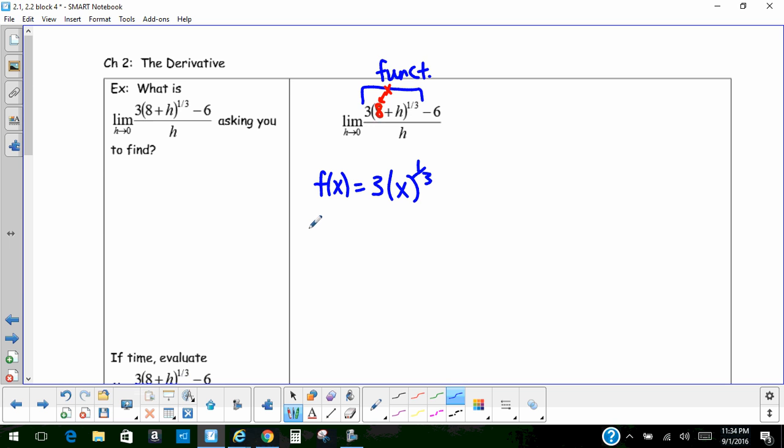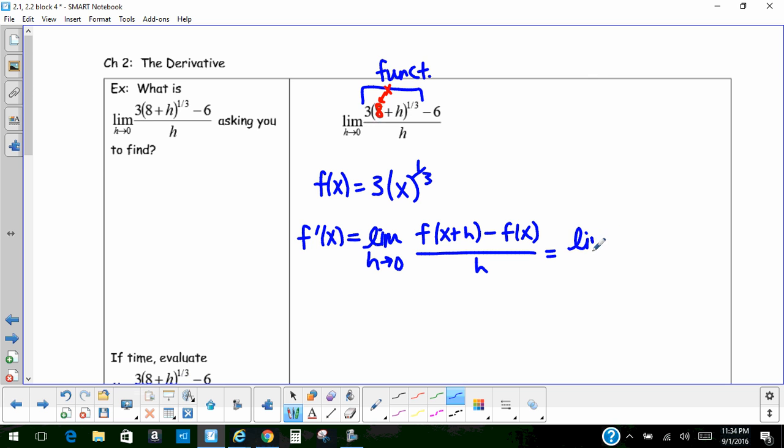Okay? Because then if I want to check and confirm, f prime of x would be the limit as h goes to 0 of f of x plus, in this case, h, minus f of x all over h.